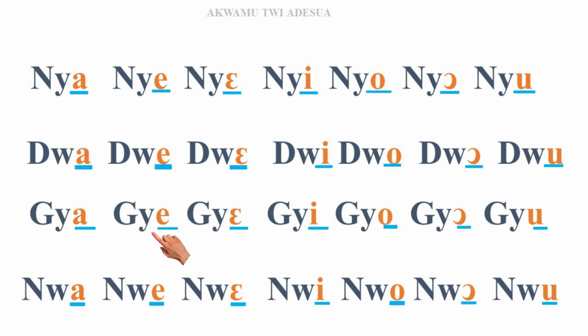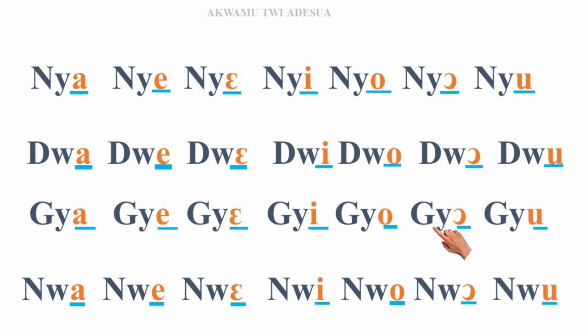Then GY and E, which sounds A, will give us J. Then when we introduce the E to J, we get J. Then when we introduce the vowel sound E to J, we get G. And then when we introduce the vowel sound O to J, we get Jo.